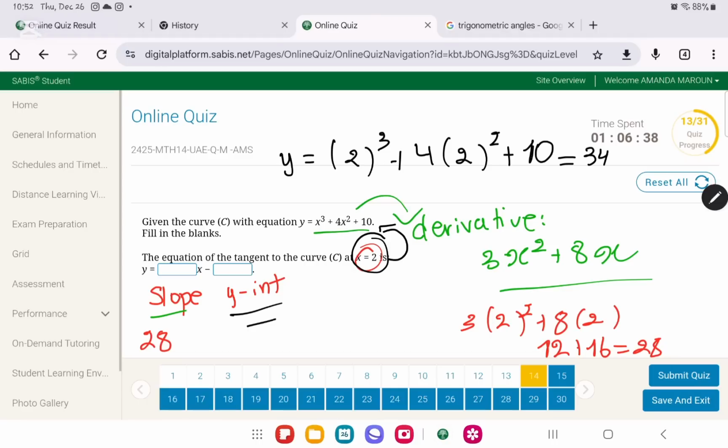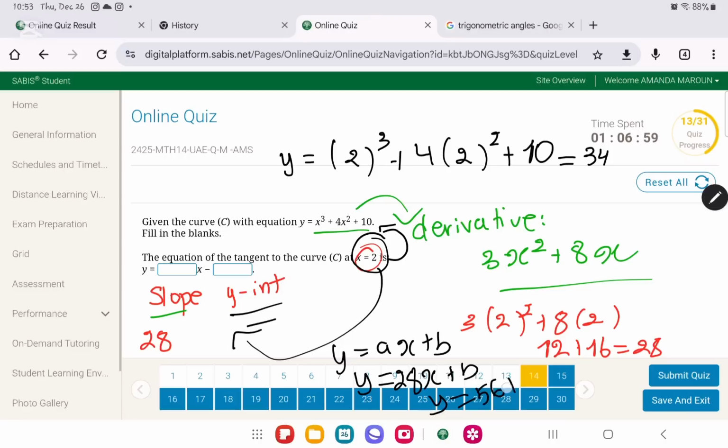Next thing we are gonna do is substitute the x in this equation. We have it as y is equal to ax plus b. Y is equal to 28 times x plus b. So in this case, y is equal to 28 times 2, which is 56, plus b. We got our y to be 34. So 34 is equal to 56 plus b.